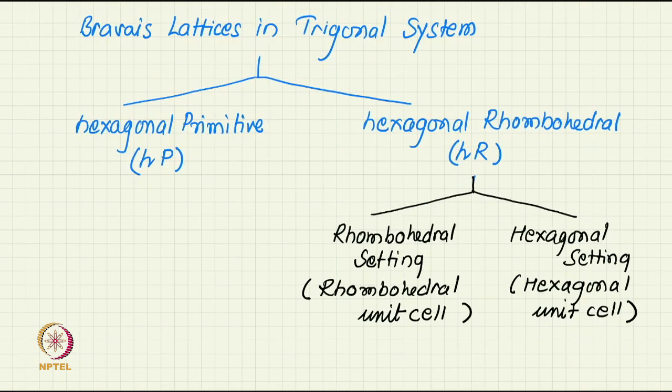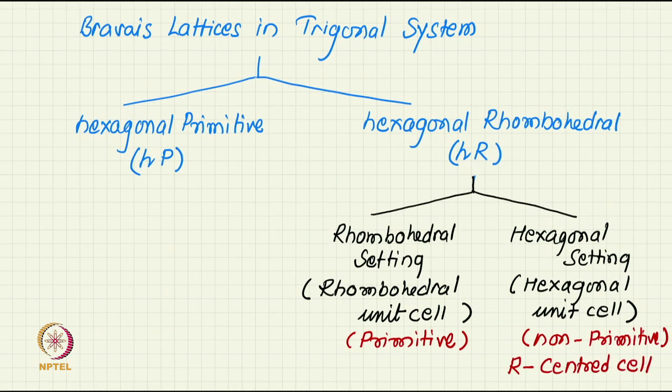In this case, the rhombohedral setting or rhombohedral unit cell is a primitive unit cell, and the hexagonal unit cell is non-primitive. It is an R-centered cell, which is available only in the trigonal system.